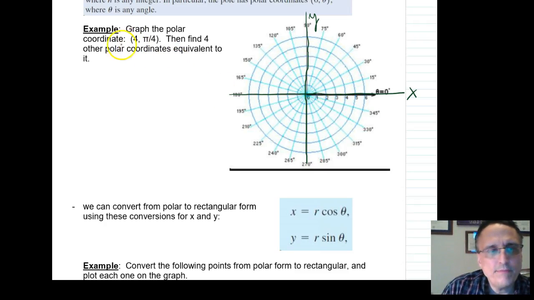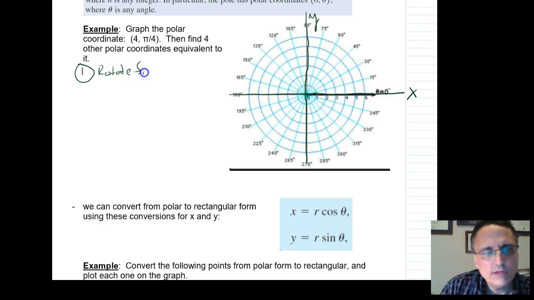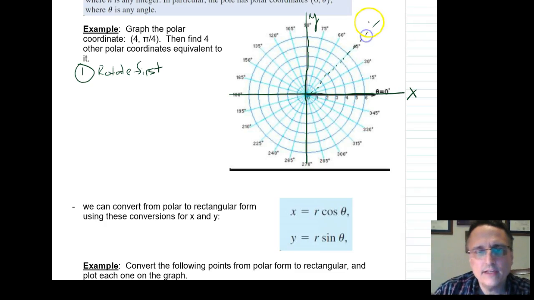So for example, if I'm going to plot 4, pi over 4, the way that we graph these polar coordinates is, number one, do the rotation first. So you've got to get yourself pointed in the right direction before you go out that many units forward. So what we do is we come out here to pi over 4, which is 45 degrees, and I'm going to make a dashed line. And then I'm also going to make a dashed line back this way.